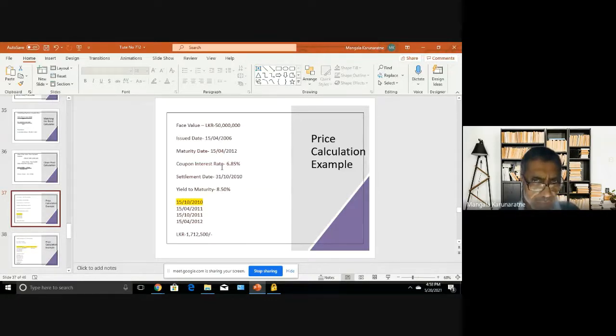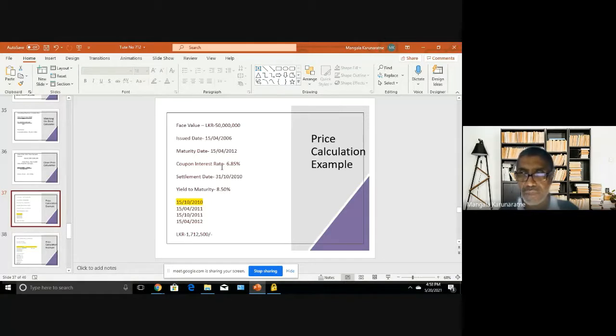Will he pay 50 million for this? Because if he pays 50 million, he should get 8.5 yield. But this bond, if he pays 50 million, he will be getting only 6.85, right?